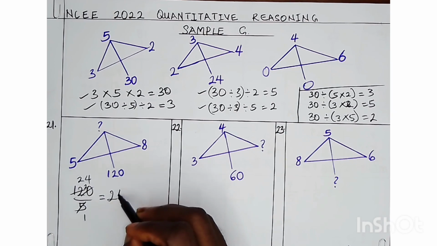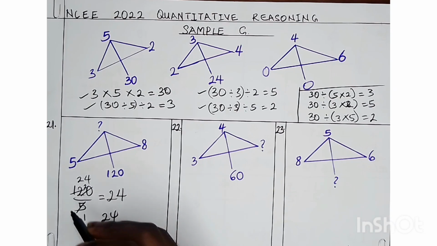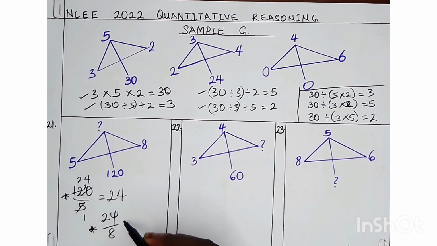So 120 divided by 5 is 24. Then I do 24 divided by 8. For my multiplication fact, I know that 3 times 8 is 24. So 24 divided by 8 is 3. So the answer to number 21 is 3.